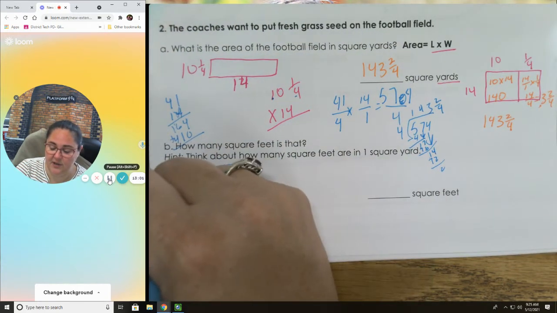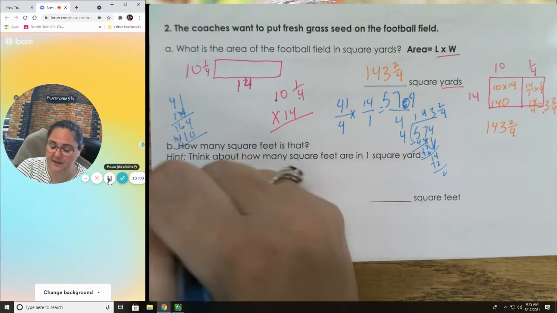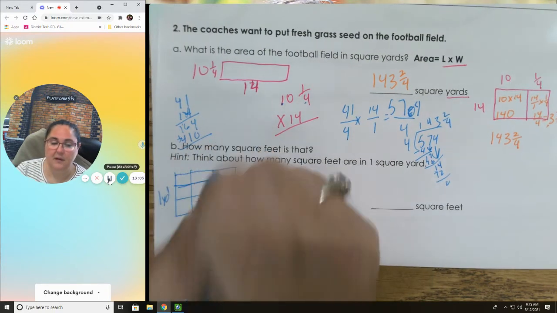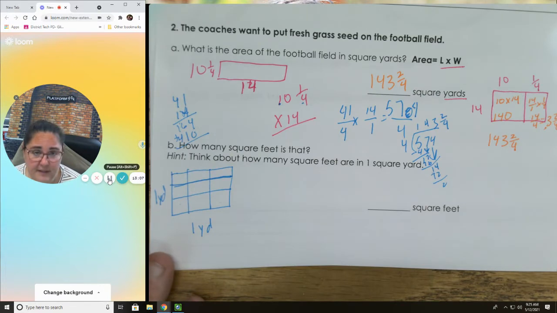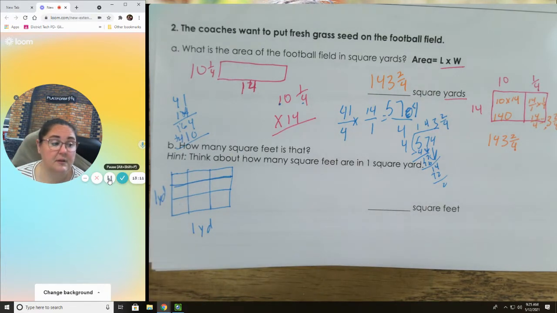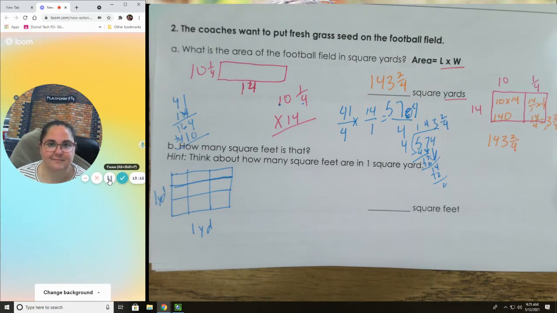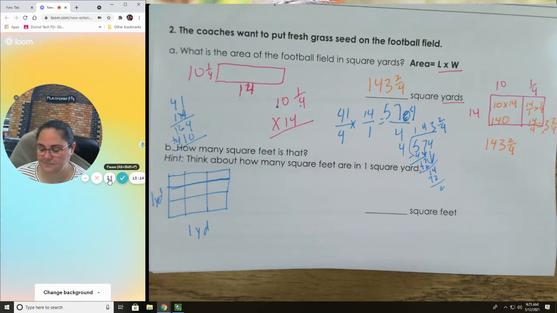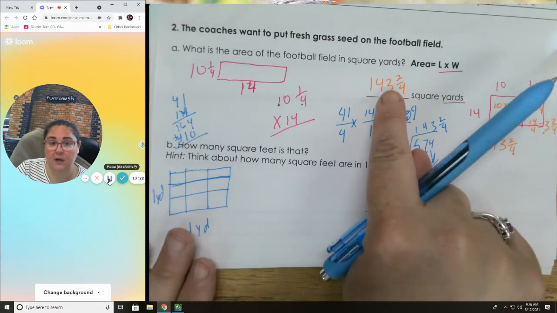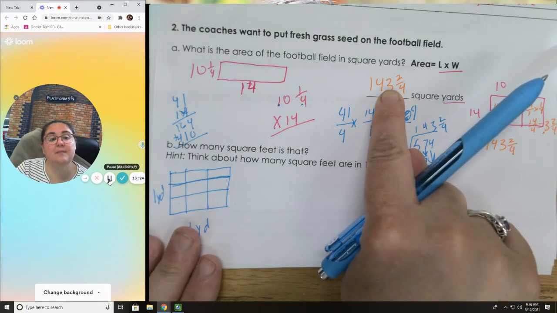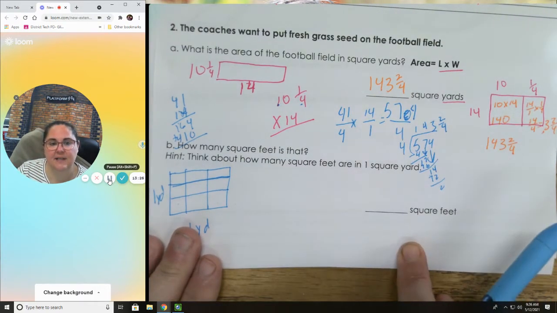How many square feet are in 1 square yard? Well, there are 9 boxes here. So 9 square feet in 1 square yard. So now I have to take my square yards and multiply by 9 to get square feet.